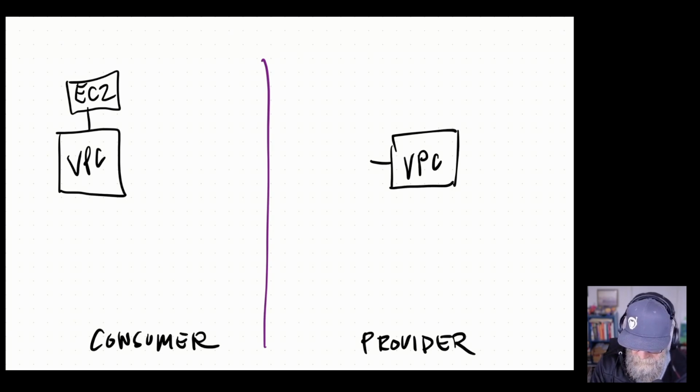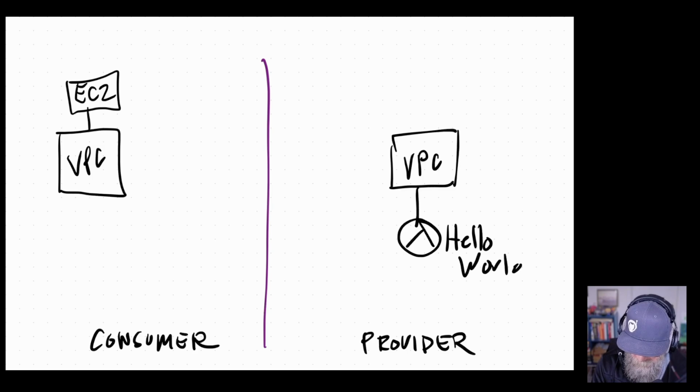Inside this VPC, we created a sort of hello world function. I don't think we changed anything from the default, so it just said hello from Lambda or whatever that is, right? So we did that.